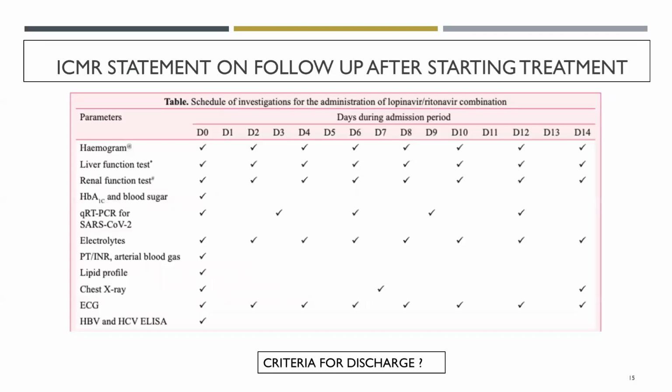So this is the schedule that ICMR wants to put forward. All patients at baseline will have an LFT, RFT, and PCR, and every alternate day will have an LFT, RFT, and every 3 days a PCR for COVID-19.